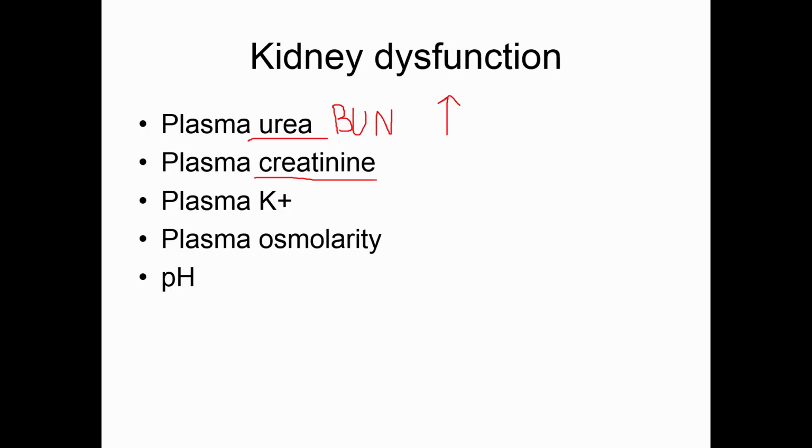Remember, creatinine is freely filtered, slightly secreted, not reabsorbed, and therefore the clearance of creatinine is a measure of the glomerular filtration rate. So we'd expect a creatinine clearance to be between, say, depending on your gender, 90 and 140 or something like that.